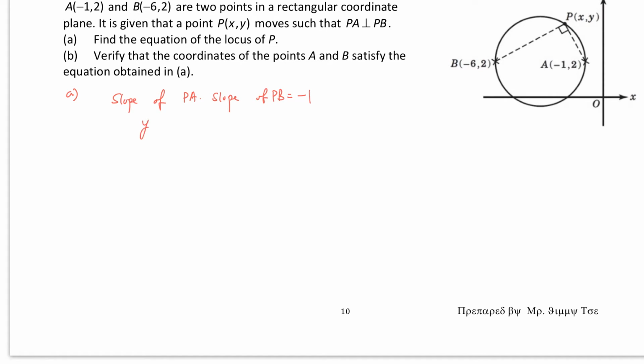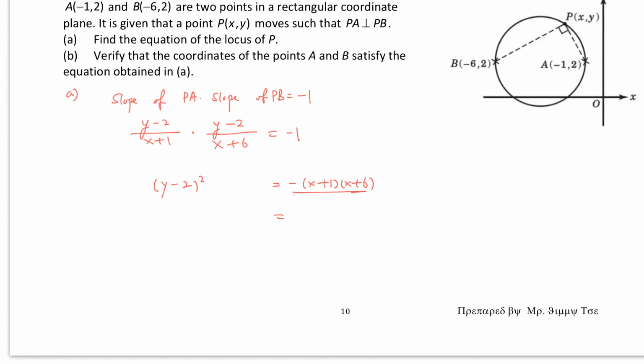So (y minus 2) over (x plus 1) times (y minus 2) over (x plus 6) is equal to -1. Multiply by x plus 1 and x plus 6 on both sides, you can cancel out all the denominators, and then expand it.